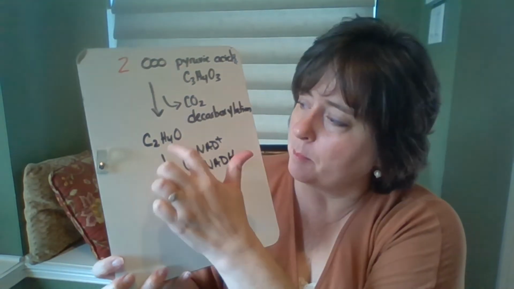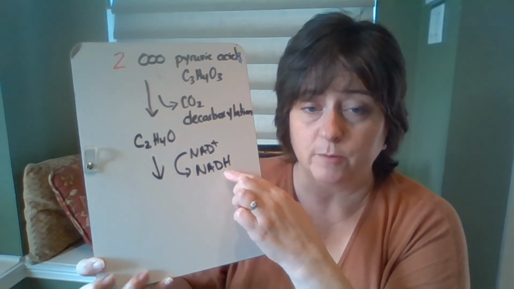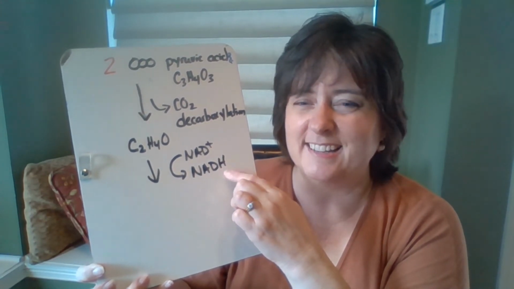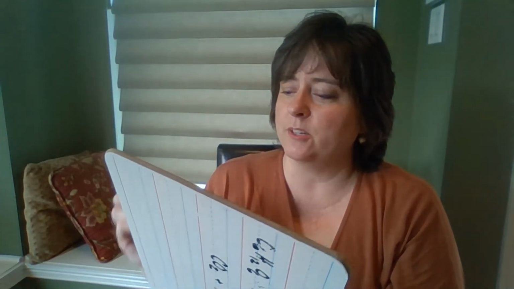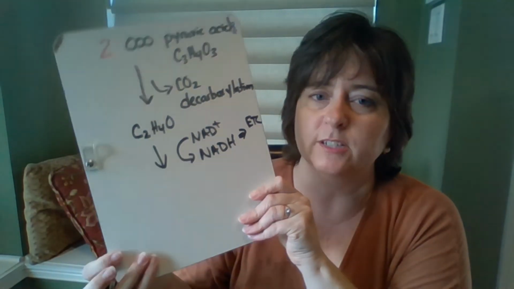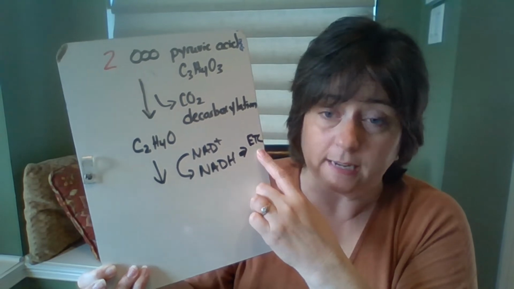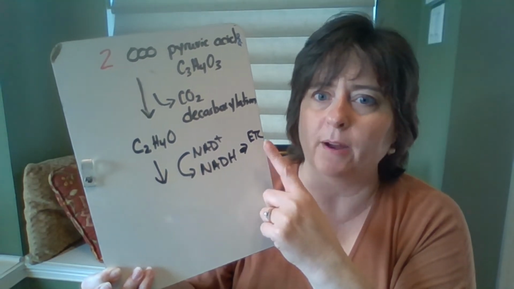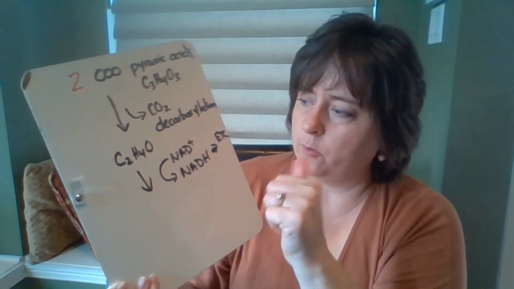NAD plus is going to pick up some hydrogens and become NADH from that. Ooh, where do you think that NADH is going to take those hydrogens? You know it, don't you? To the electron transport chain. That's where we need a whole bunch of hydrogens. So every time we make an NADH, we know where it's going and we know why we need it. Because if we don't make ATP, we die, right? Okay, so that happens during these prep steps, these intermediate steps.